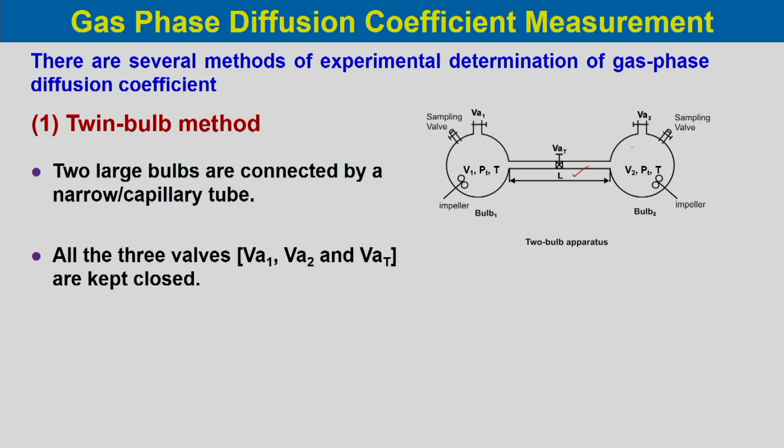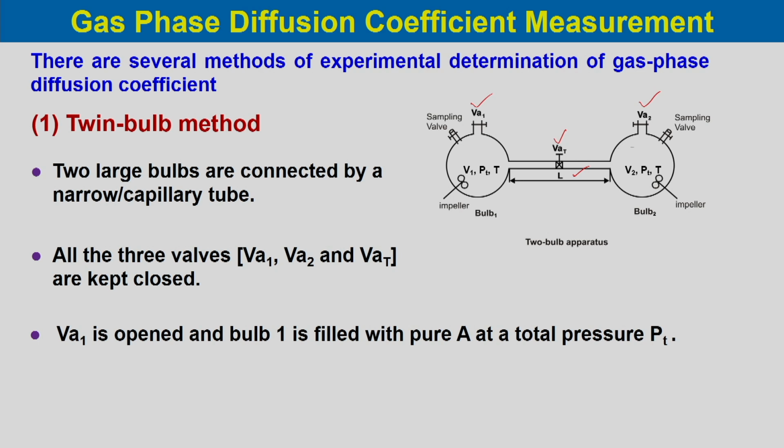There are three valves: VA1, then VA2 and VAT. VAT is connected in the middle of the tube which connects the two bulbs. All are initially kept closed.